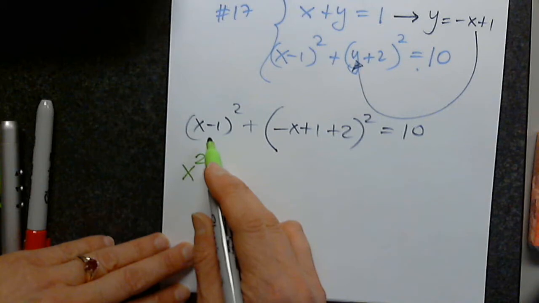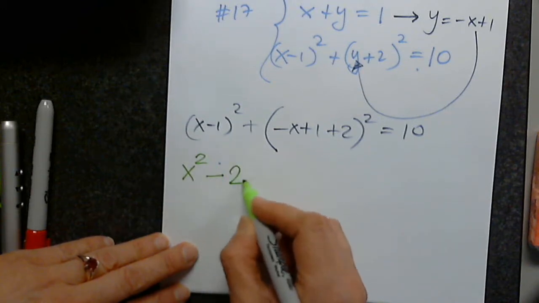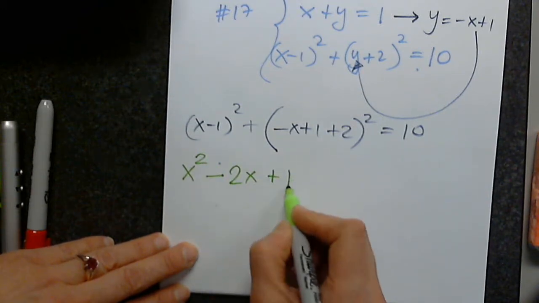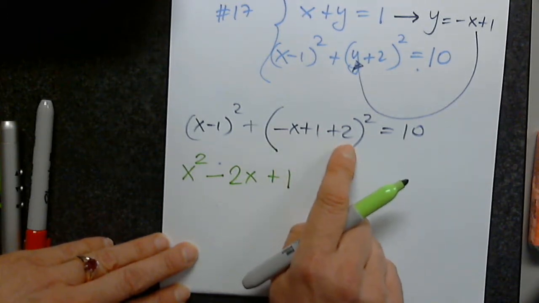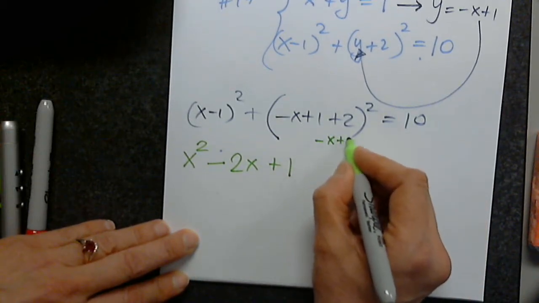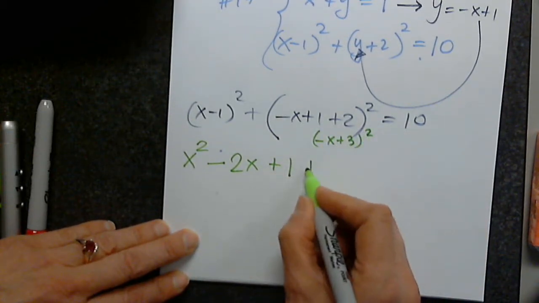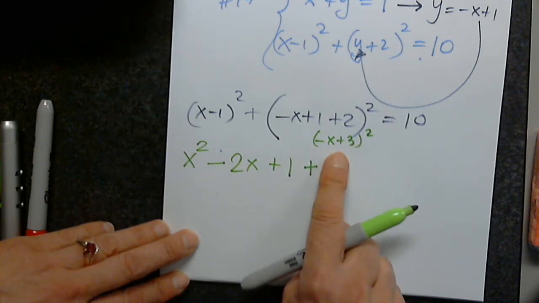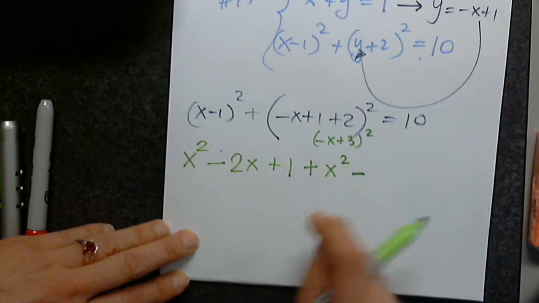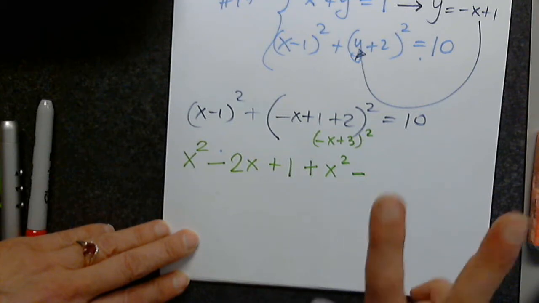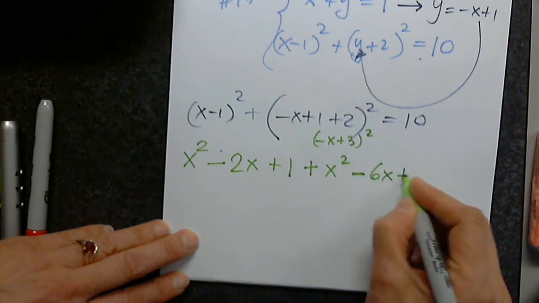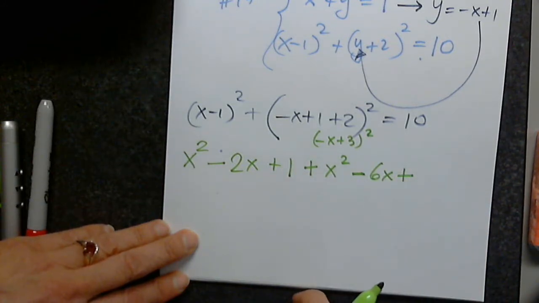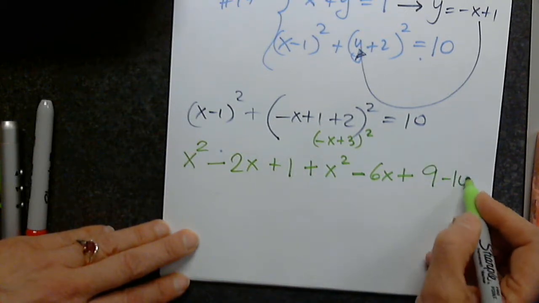No, it's minus because of the minus inside. Now this one has negative x plus 3, everything squared. So then plus 2 times the first times the second, minus 6x, plus 9, minus 10 equals 0.